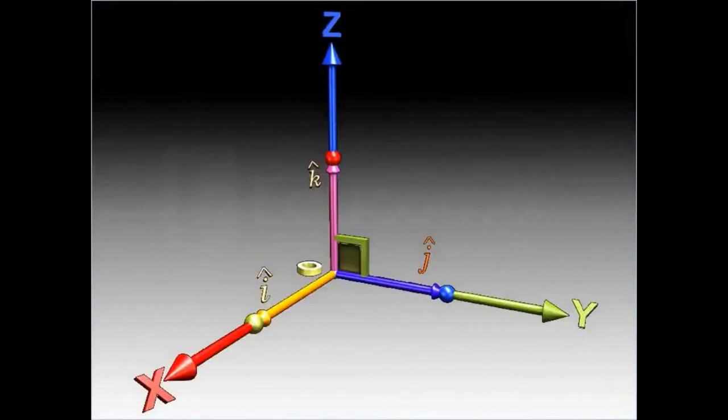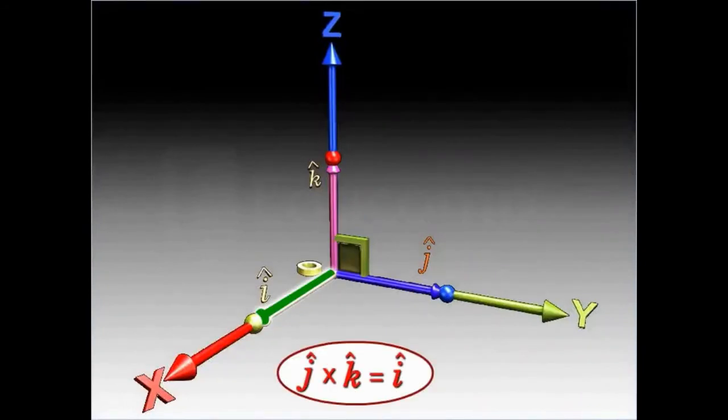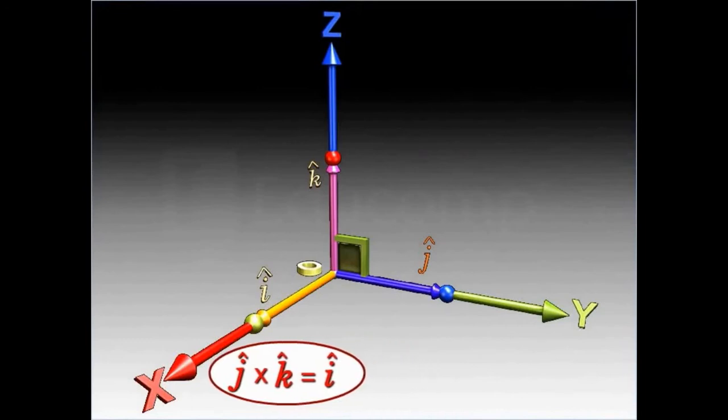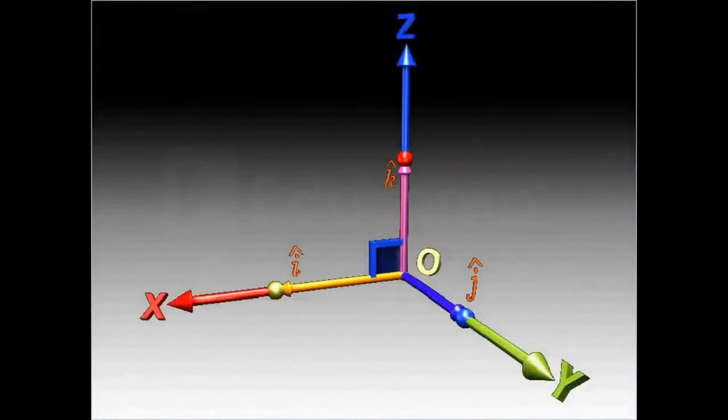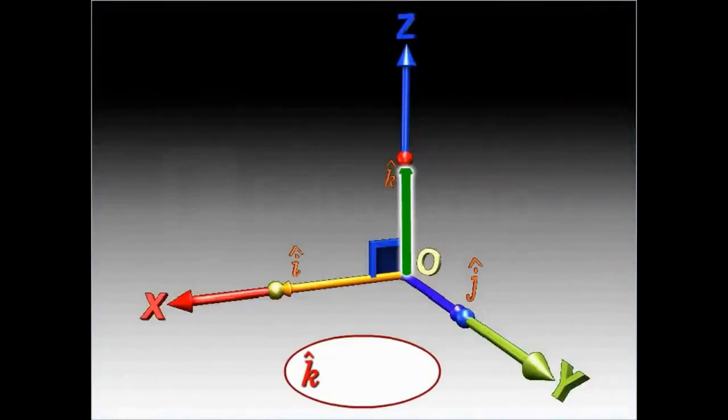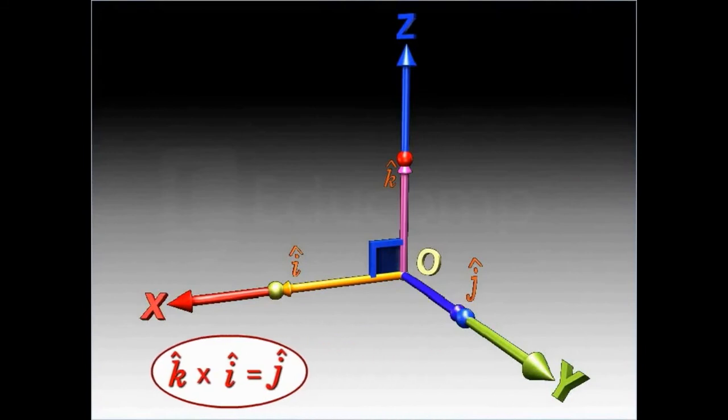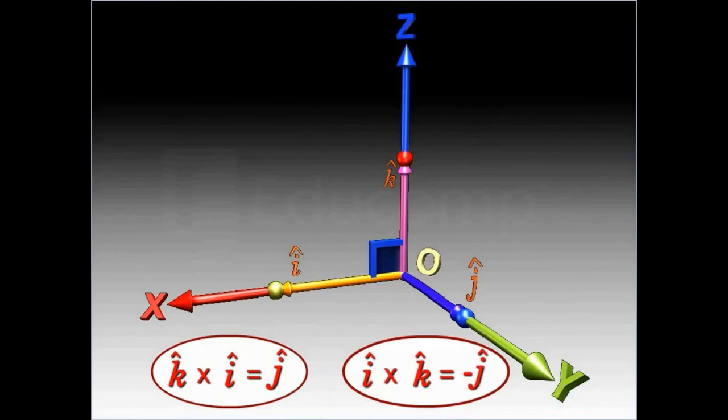Next, the cross product of j cap and k cap is i cap, whereas k cap cross j cap is minus i cap. Similarly, the cross product of k cap and i cap is j cap, but i cap cross k cap is minus j cap.